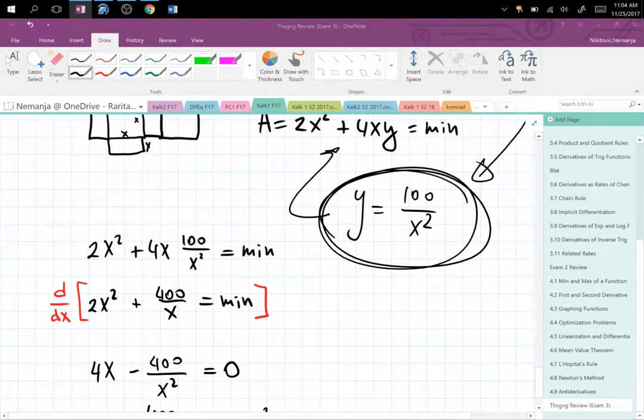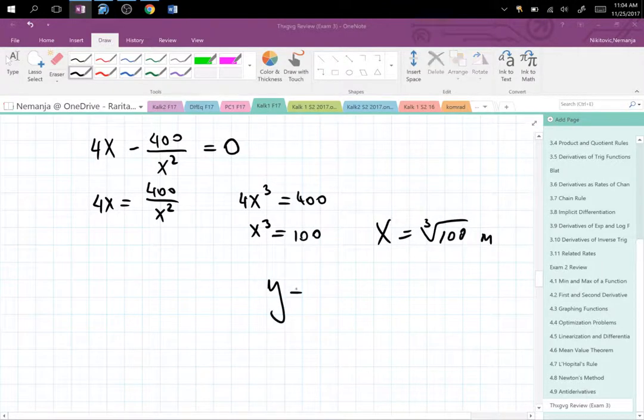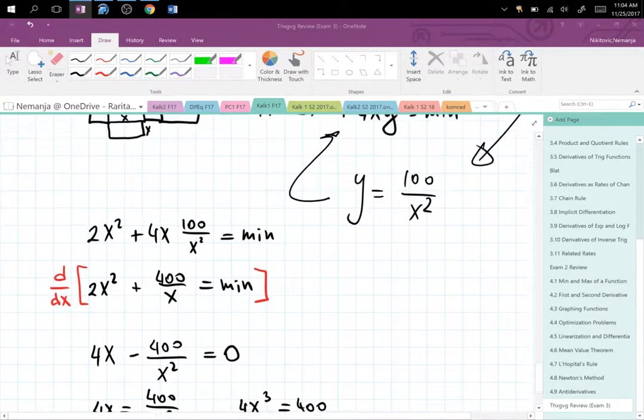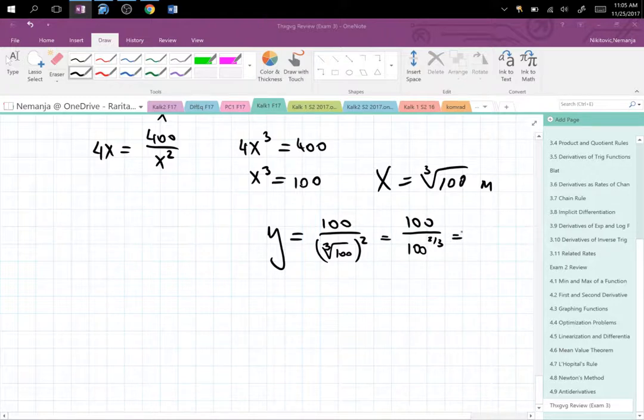And then you have the formula for y. Right here, formula for y. So y is equal to 100 over x squared, which means the cube root of 100 squared. Now this is 100 divided by 100 raised to the 2/3. When you subtract 1 minus 2/3, you get again 1/3.